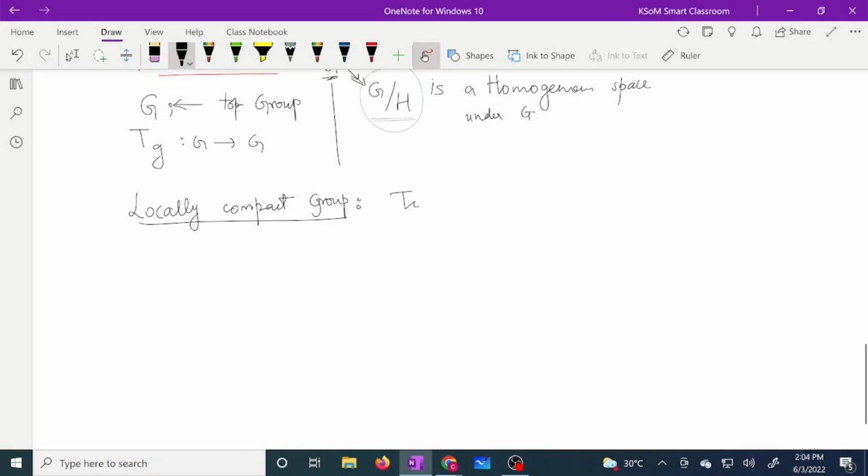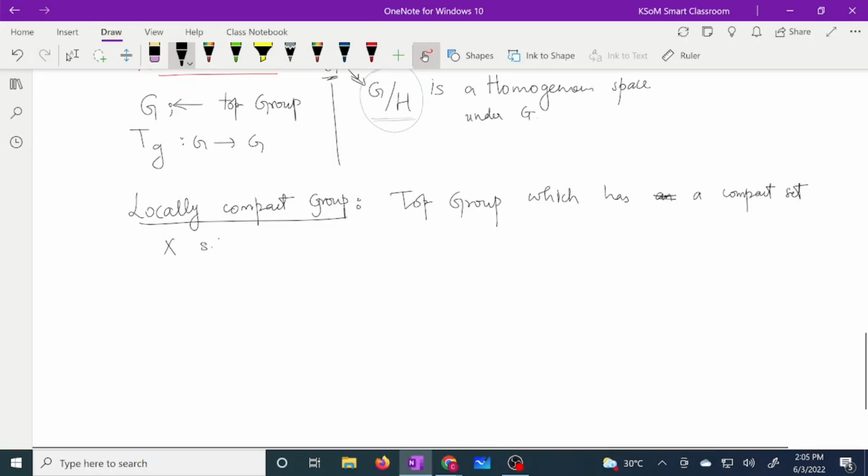It is a topological group which has a compact set X such that the interior of X, which is X naught, is non-empty. So if G has a compact set with a non-empty interior, then we say that G is locally compact.